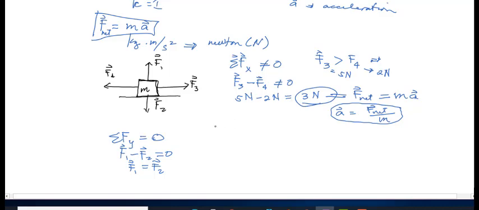So the net force acting on the body is just equal to 3 newtons, and this direction is positive, meaning it is towards the right, because the acceleration follows the direction of our net force. So the body also accelerates towards the right.